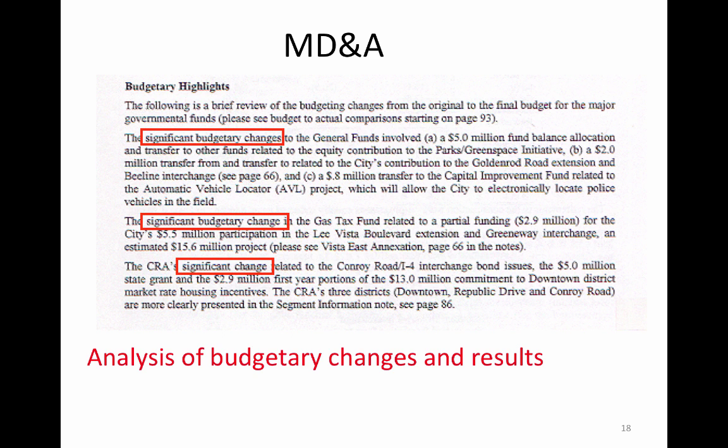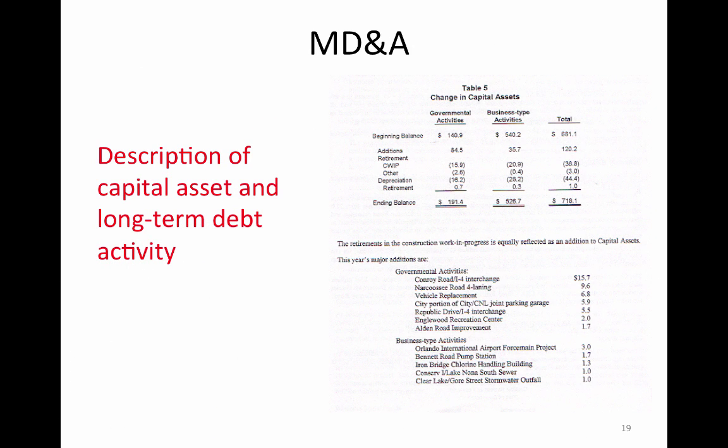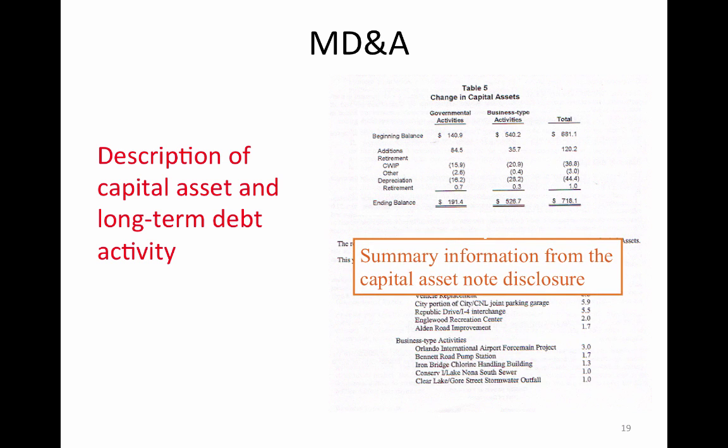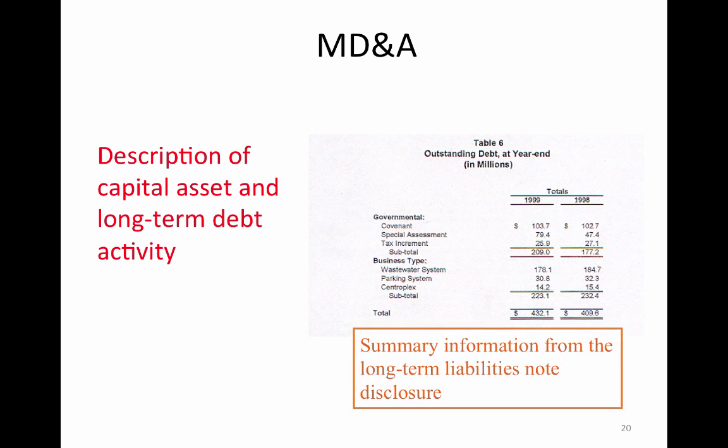Not every single change really ought to be covered, but really just the major things that happened during the year. Then there's some information about their capital asset and long-term debt activity during the course of the year. If they use the modified approach to report any of their infrastructure, then they will provide some information about the condition of the infrastructure in MD&A as well.